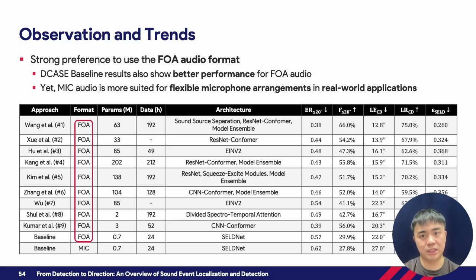Every single one of these top systems that outperform the baseline use the FOA audio format. In fact, the DCASE baseline results at the bottom of the table also show that the FOA system significantly outperforms the mic system using the exact same model. So while this is good for offline validation, the mic audio format is generally more flexible for real applications. So this is a potential research gap that future work can explore.